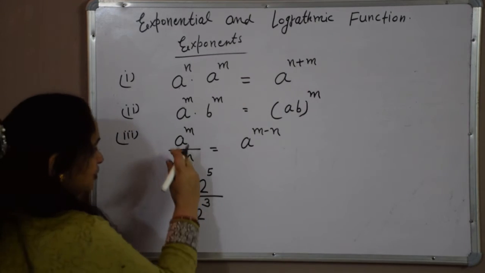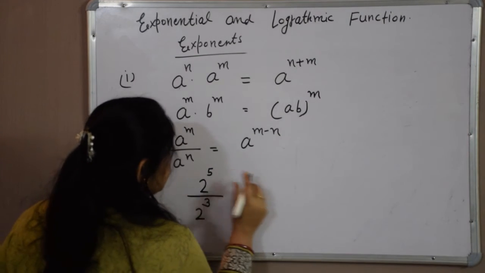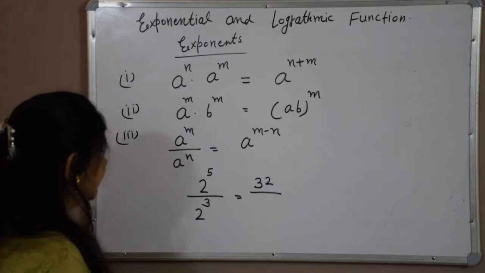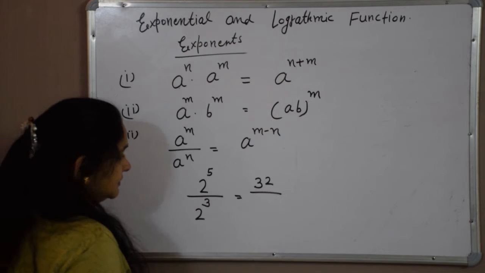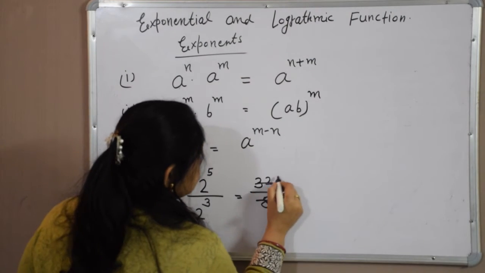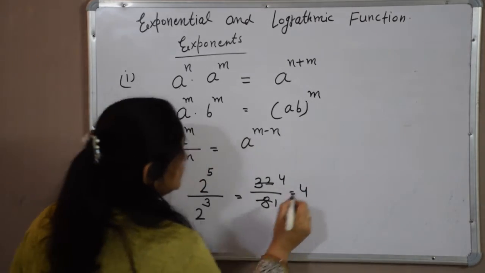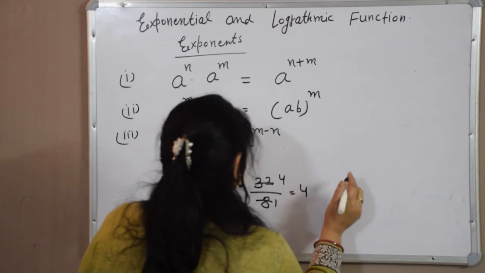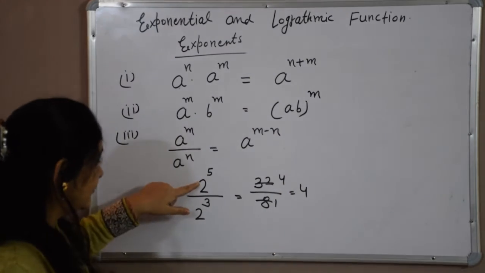First of all I am solving it by the left hand side. 2 raised to power 5 is 32 and 2 cube is 8. So we can cancel them, and ultimately we got the answer 4. But whenever I use the property a raised to power m minus n, what was our a?